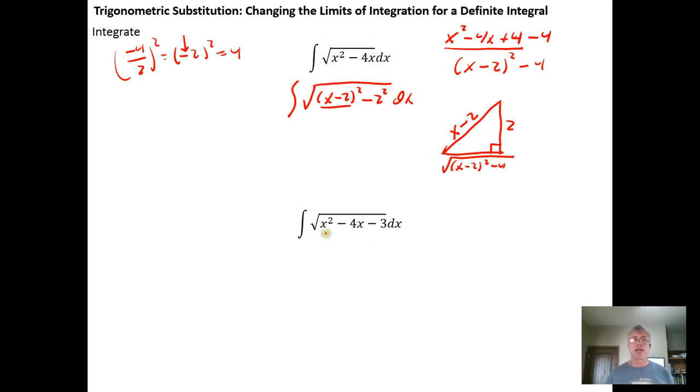And here I've got all three terms of a quadratic. I can complete the square on that the same way, x squared minus 4x minus the 3. As long as the leading coefficient is a 1, I would still take the linear coefficient, halve it, square it, and whatever I wind up with here, I add it.